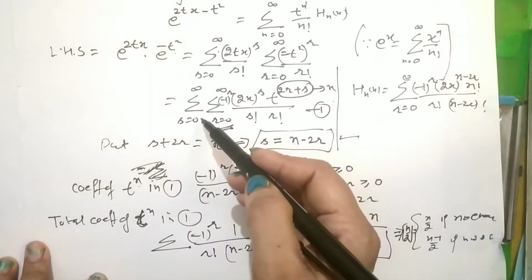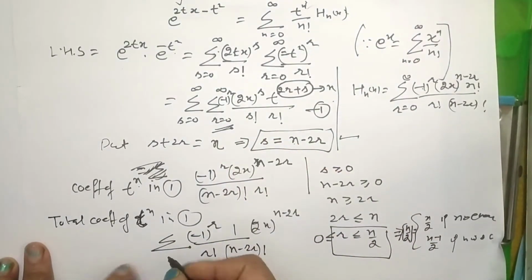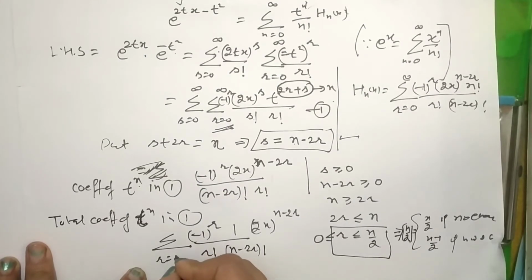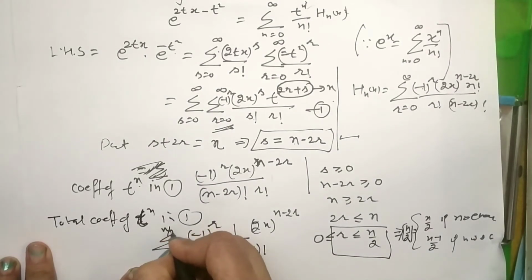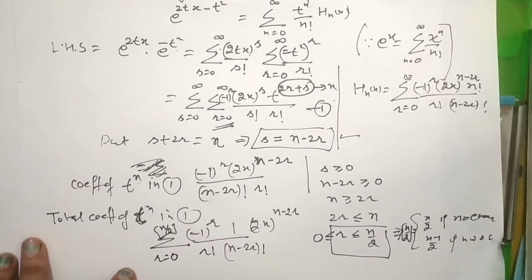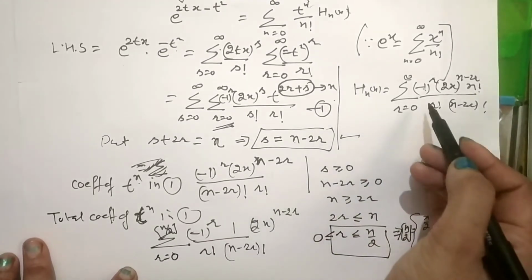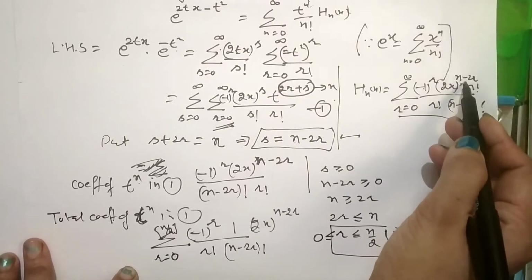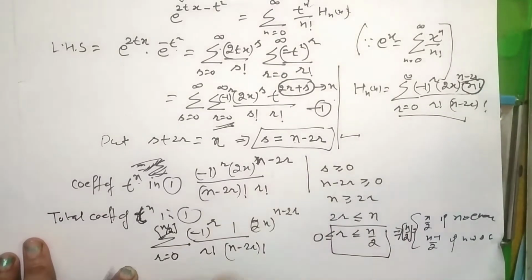Now the total coefficient, when we vary the summation, is from 0 to n by 2 box. So up to this it will go. We can compare this summation with this. All terms are there except n factorial.